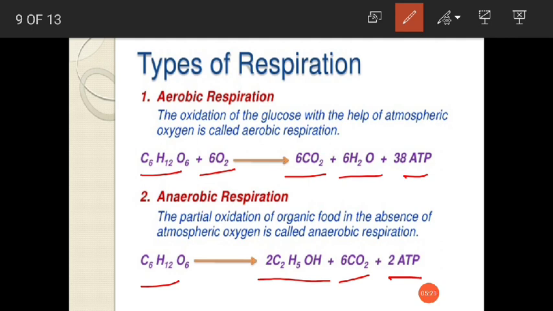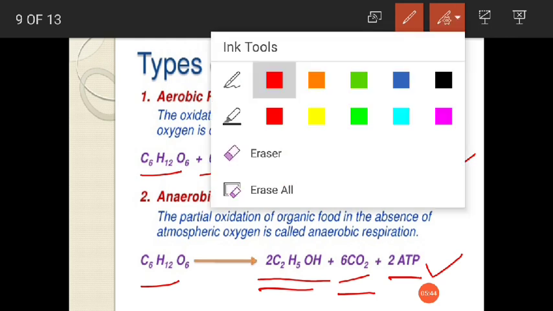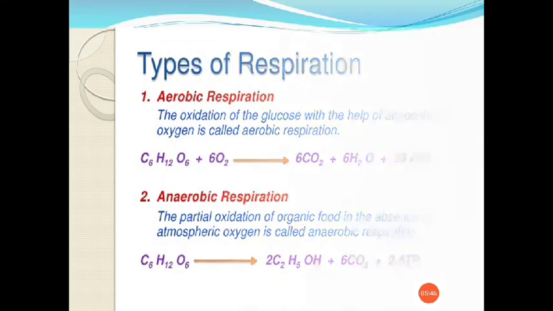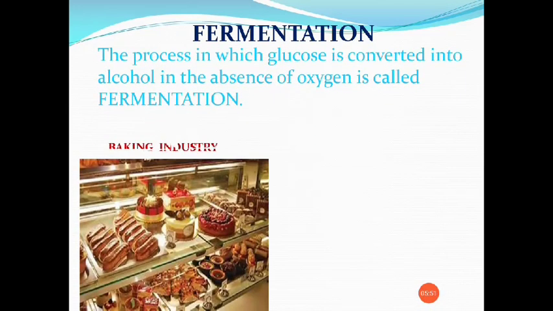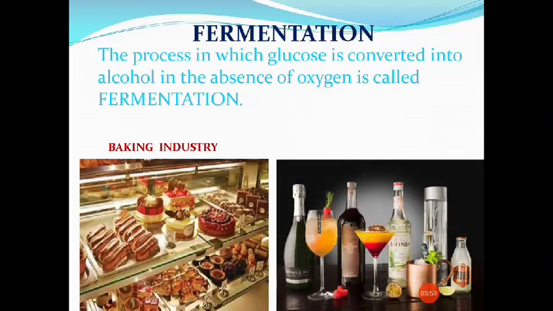Now you can see here that by aerobic respiration we are getting more energy than by anaerobic respiration. So this glucose broken down into alcohol and carbon dioxide occurs in the plants. In case of animals, lactic acid is formed. Let us see how. Another process of anaerobic respiration is fermentation.